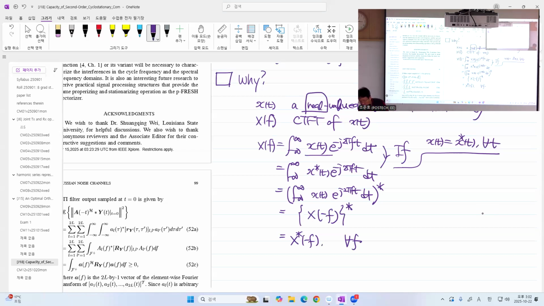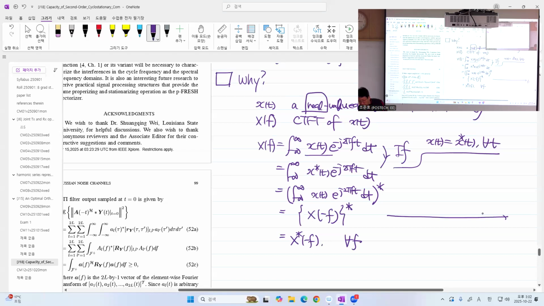So if I draw this one, if I choose f0, then here at negative f0, we have some other value, and that value is supposedly X of negative f0, which is the same as X conjugate of f0.